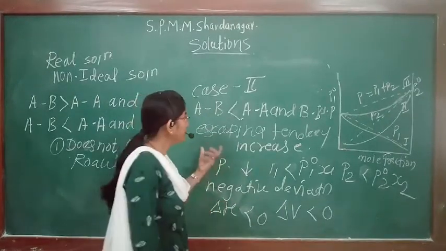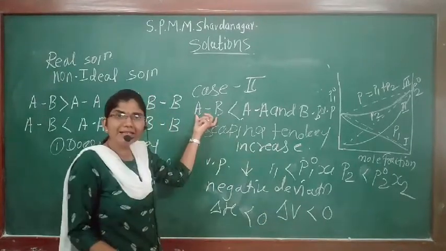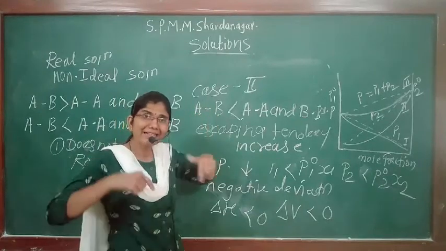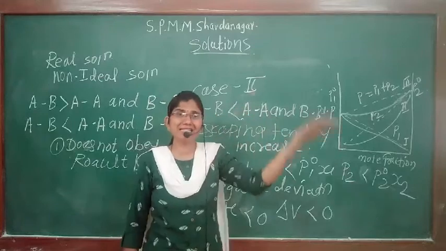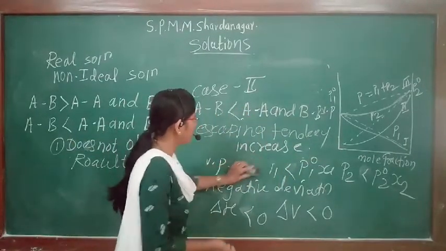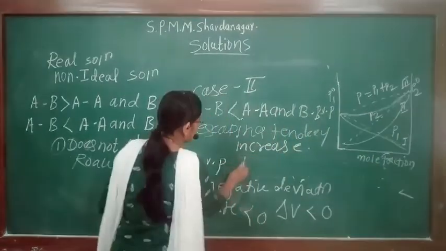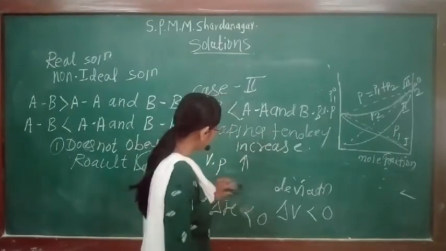The escaping tendency increases because there is a weak intermolecular force of attraction between A and B, and therefore it readily goes into the vapor state. And if the escaping tendency increases, then the vapor pressure also increases.